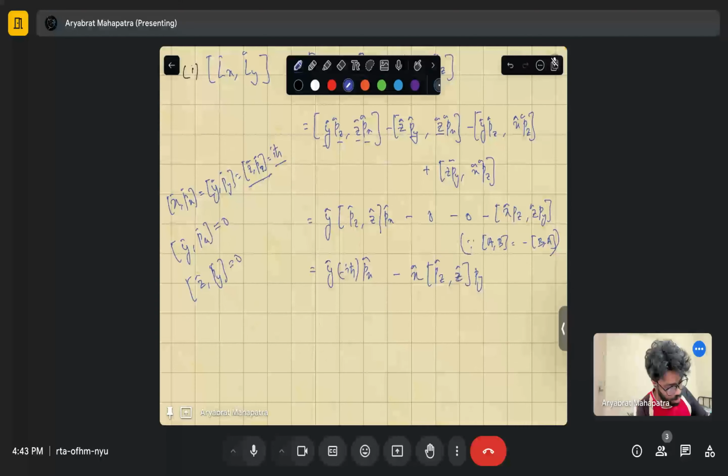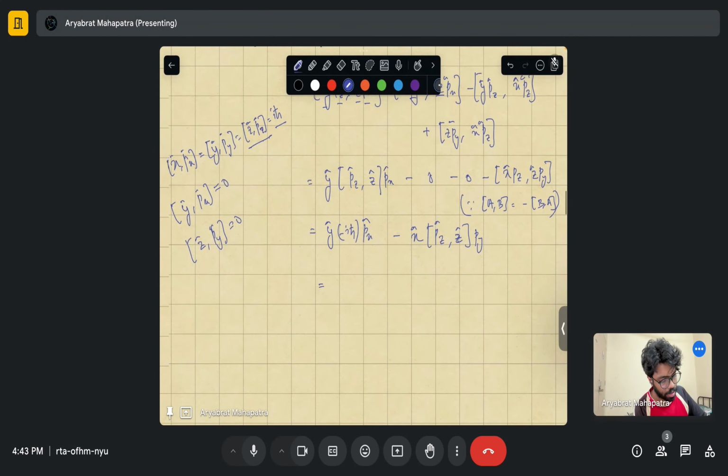So from here you will have iħ, taking this common factor outside, because this will also give you minus iħ, and then inside you will have x py minus y px, and that is nothing but your Lz operator.